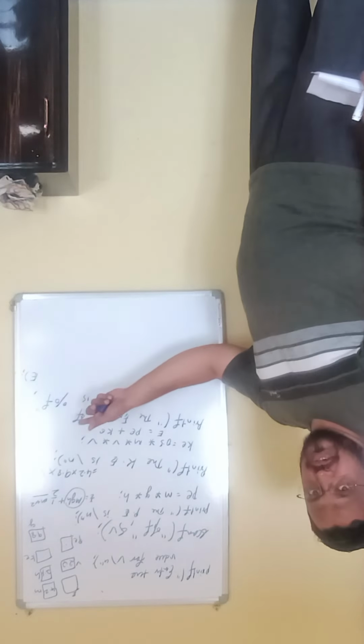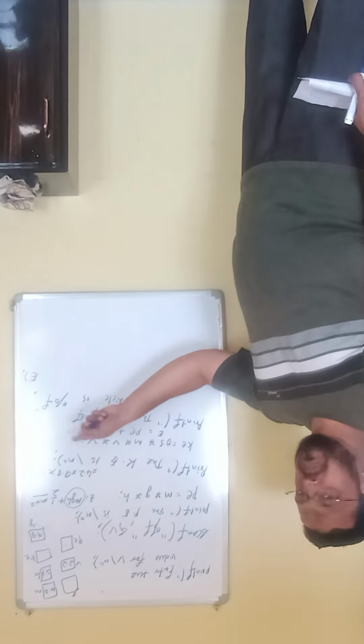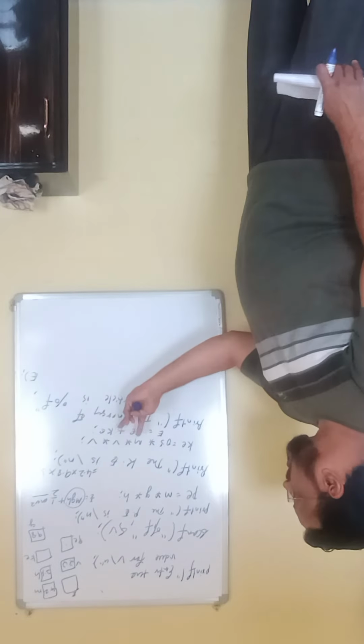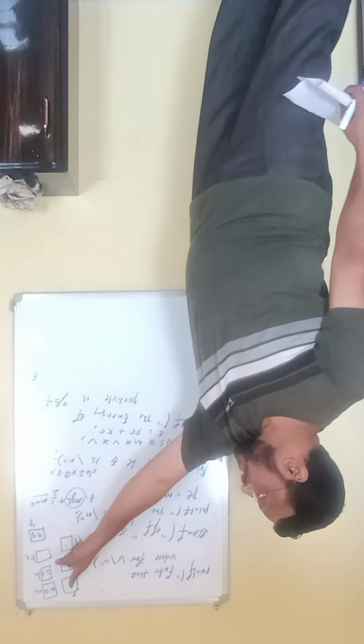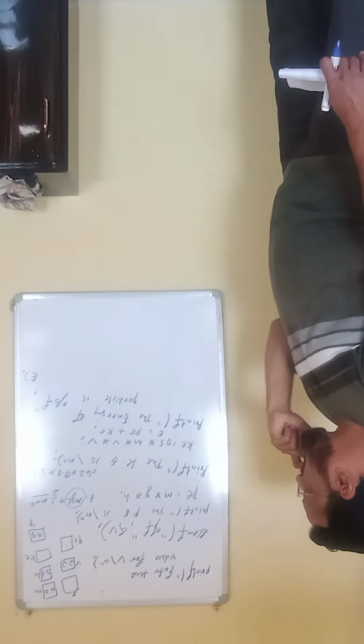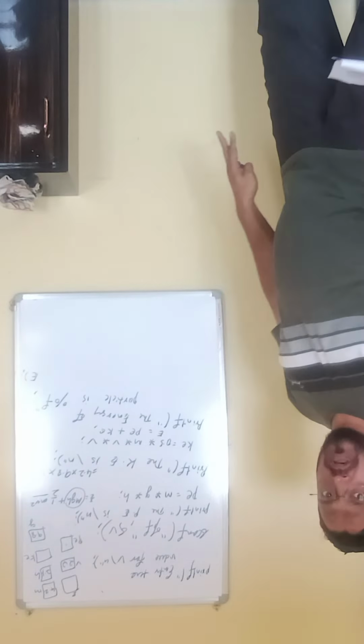Now you sum this. So E is equal to potential energy plus kinetic energy. After adding, that value will be stored in this particular location. Now you simply display whatever is in this particular location.